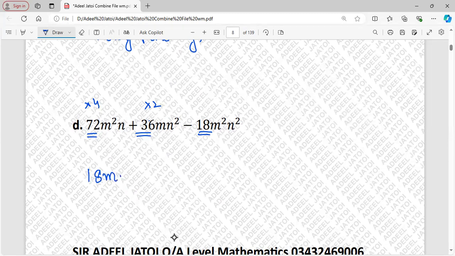N square minimum variable is n. So what we are left with is 4m, because n will be completely out. This will be 2n, because m is completely out, and here 18 is completely out, so you are left with m and n. So 18mn is the common, whereas 4m plus 2n minus mn will be inside the brackets.